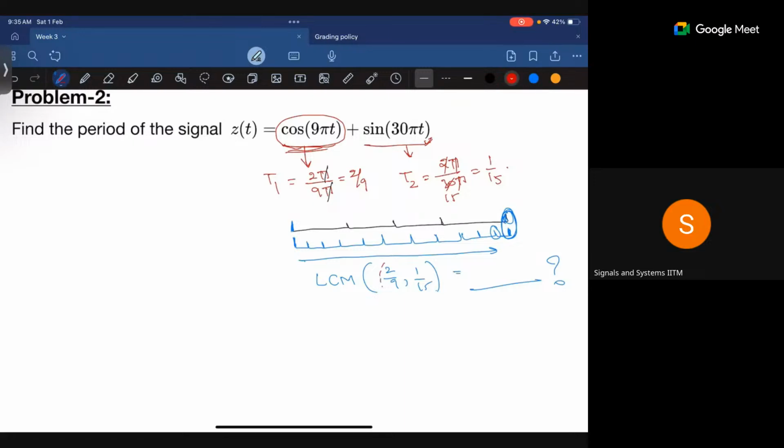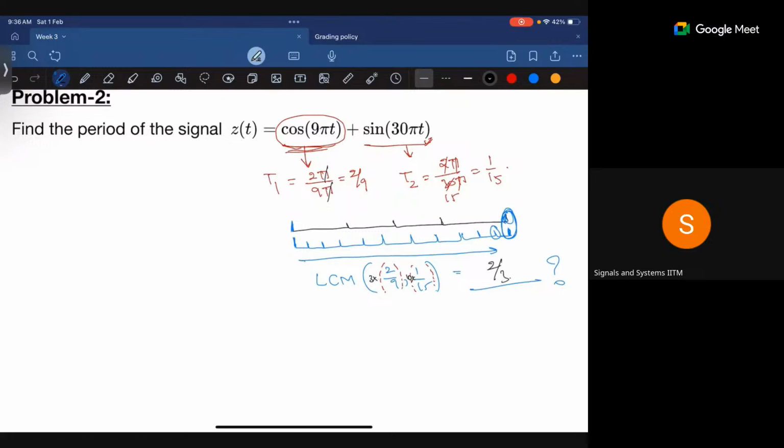I have to multiply some integer to this and some integer to this, so that they both will be equal. If you multiply 3 to this and 10 to this, both will give you 2 by 3.